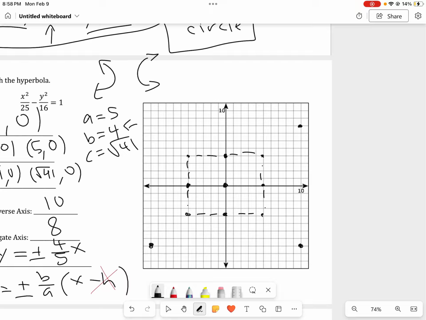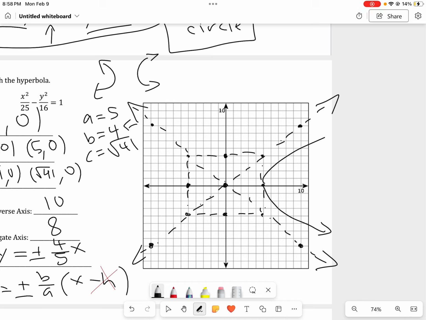Now we just draw it. I think that's everything we need, so our actual hyperbola is going to go something like that. It opens out horizontally like that.